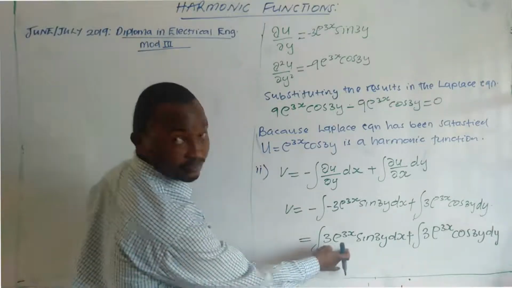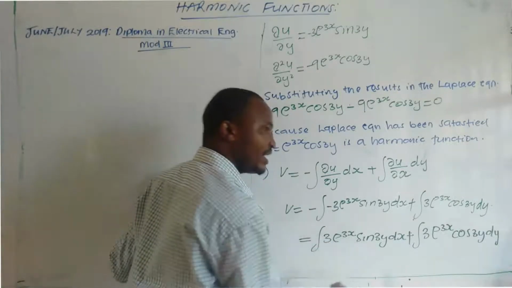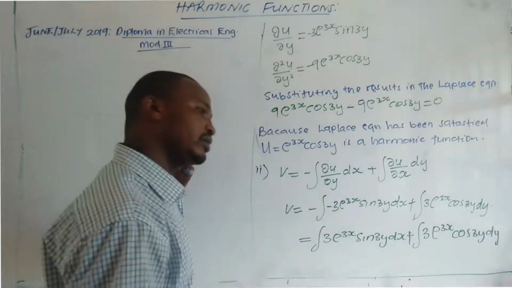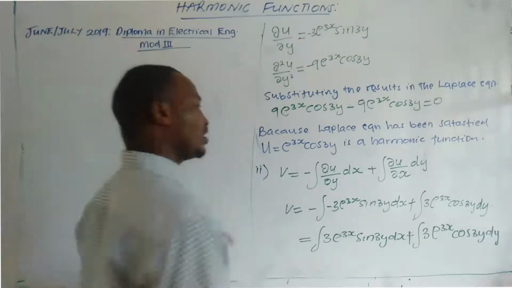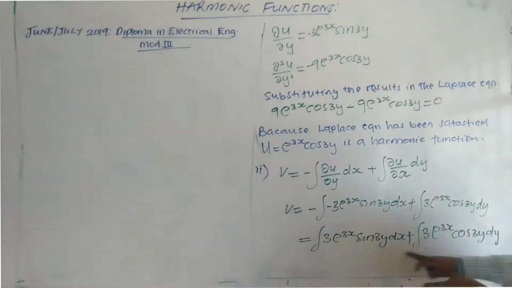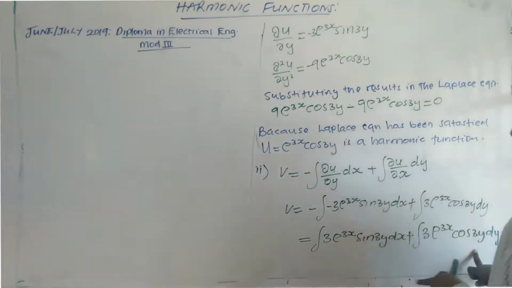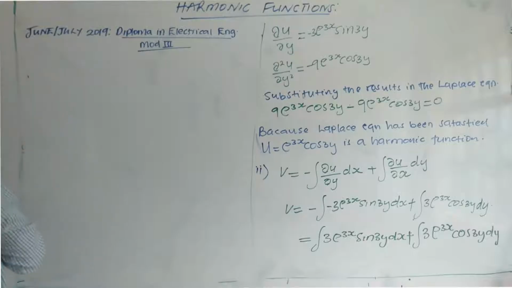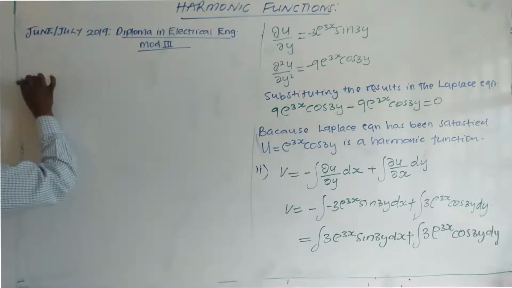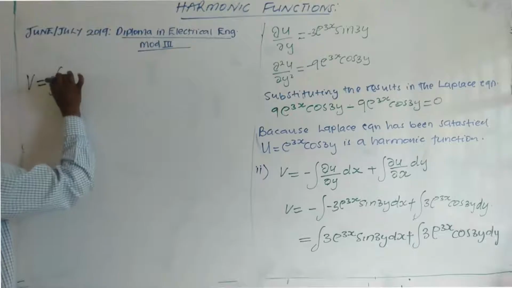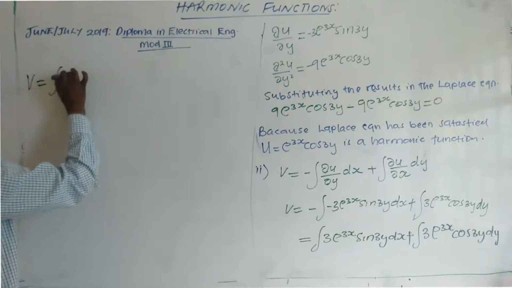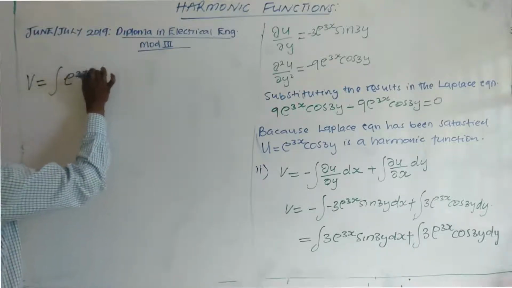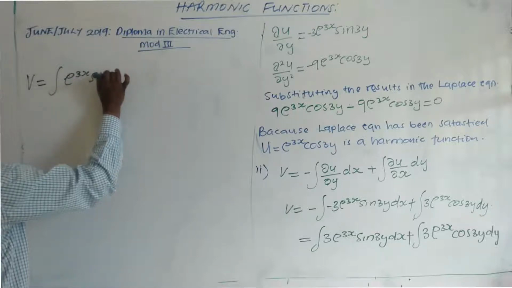Notice here, from your work in calculus, differentiation by product rule, the whole of this you can also write as v is equal to the integral of exponential 3x sine 3y.